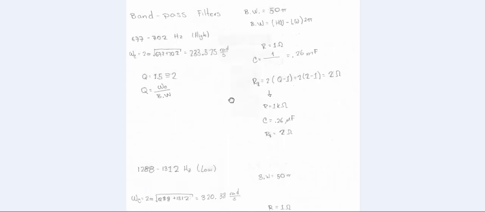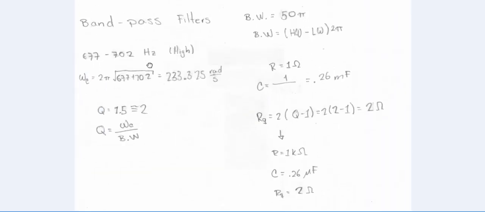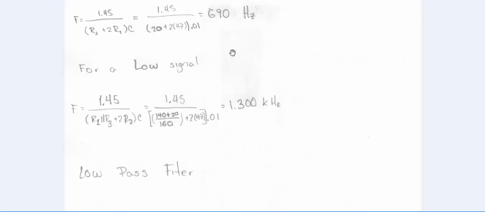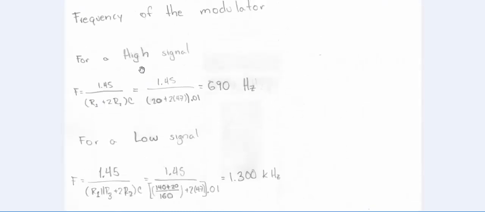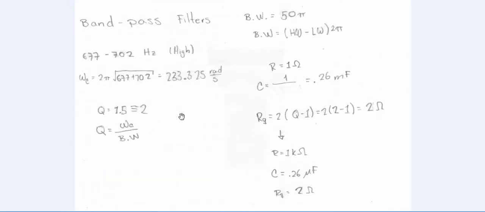So we have, remembering that for the case when we have a high signal, we have this frequency. So to design our bandpass filter of this sign, that is the high, we're going to put this range. So it's 677 and 702 Hertz.